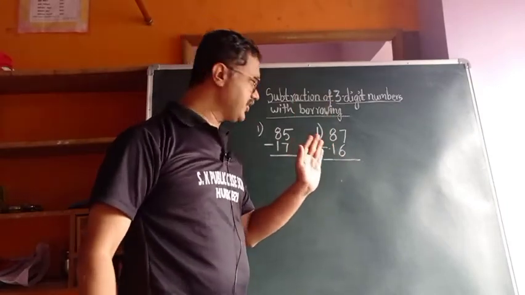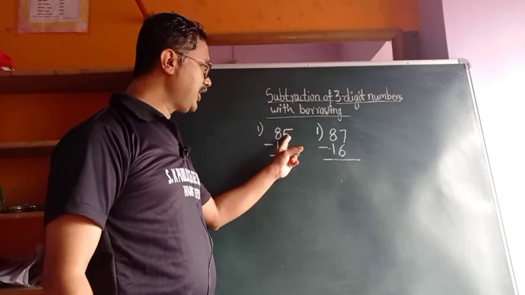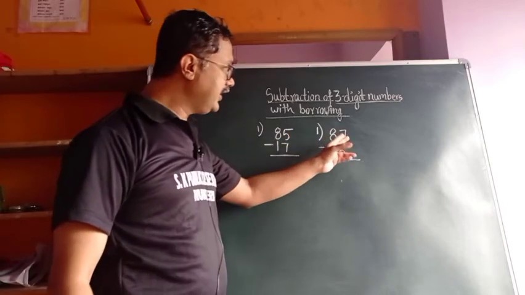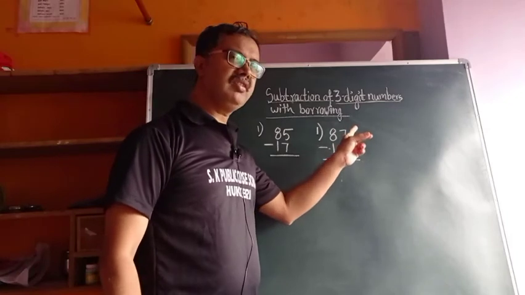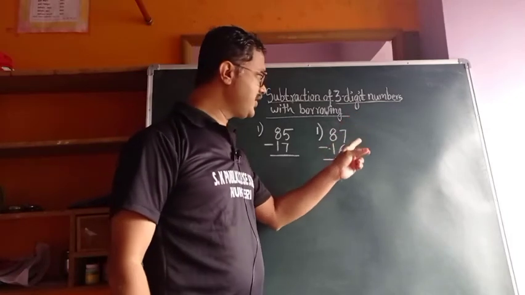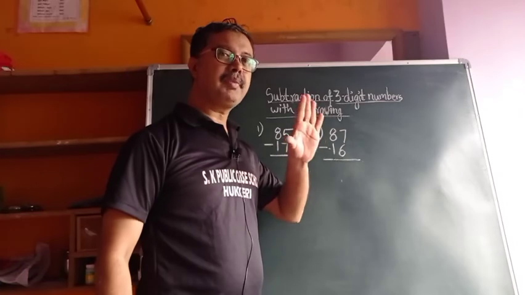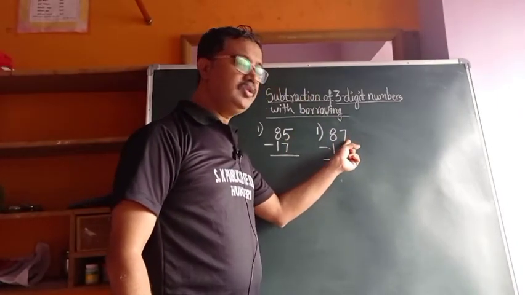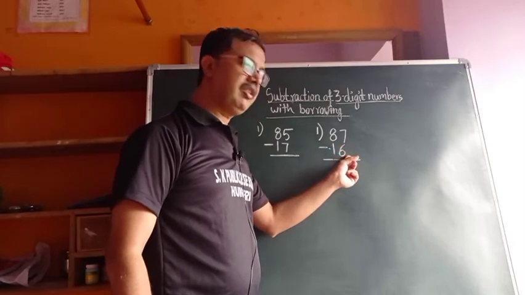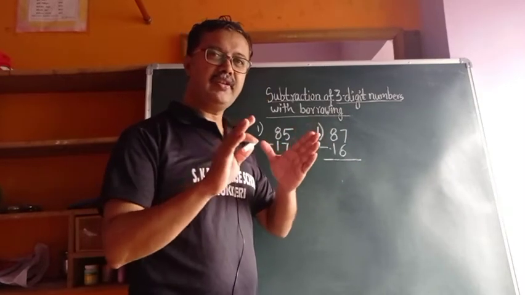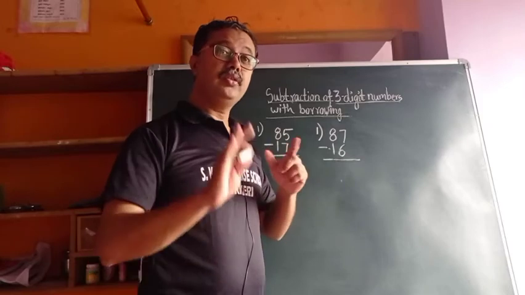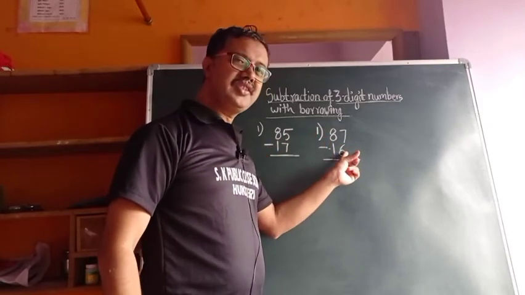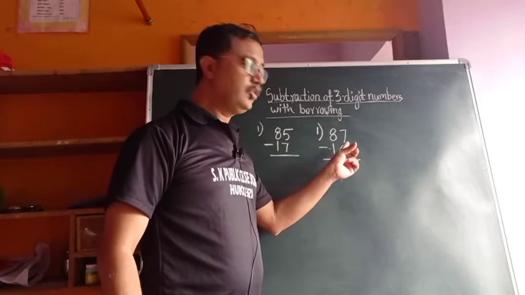See the difference. Here the upside number is small, downside number is big. In this case, whatever you solved in the previous class, that is simple subtraction. How? You have 7 chocolates, you gave 6 chocolates to your friend. Your friend asked you for 6 chocolates, you gave 6.